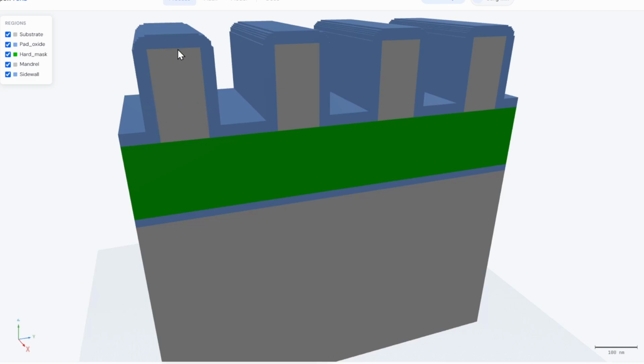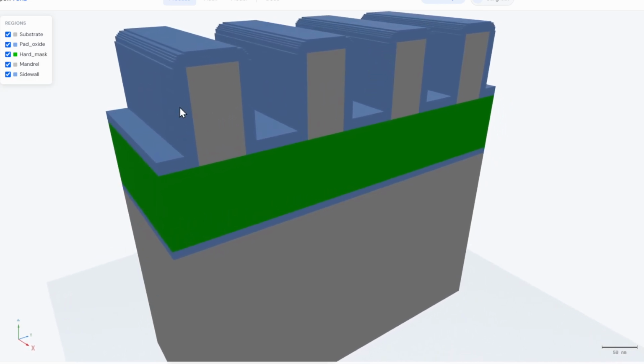The deposited depth from this top surface and the depth from this vertical sidewall are the same. So now we have a very beautiful graph isotropically covering this mandrel pattern.